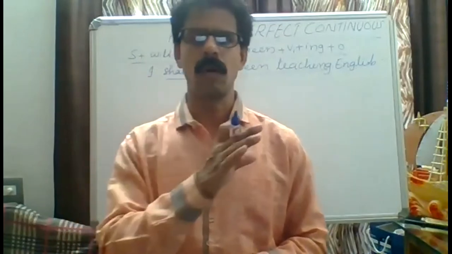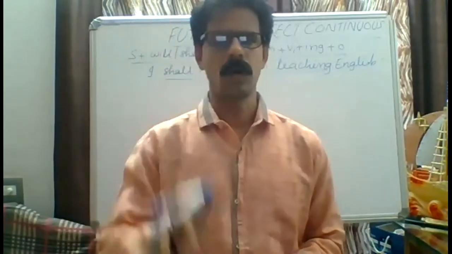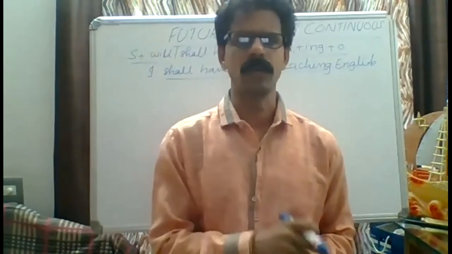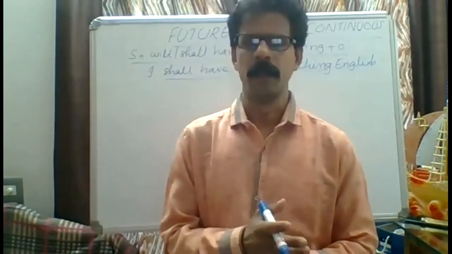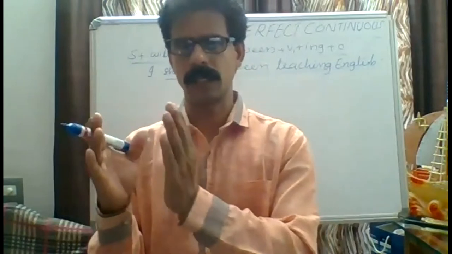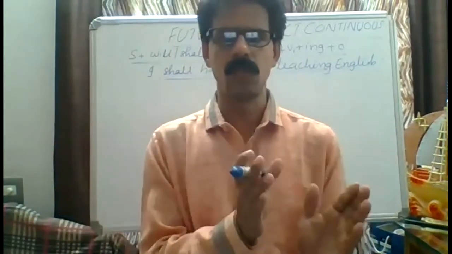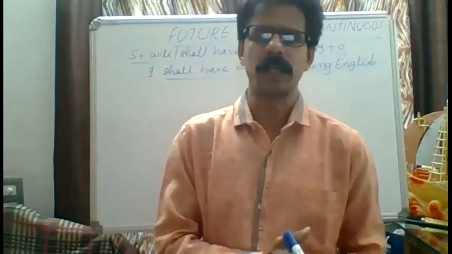We have discussed all the structures very clearly in detail, and from all this we can gather that the structural forms differ only in the helping verbs, the auxiliary verb, as well as the part of the main verb.